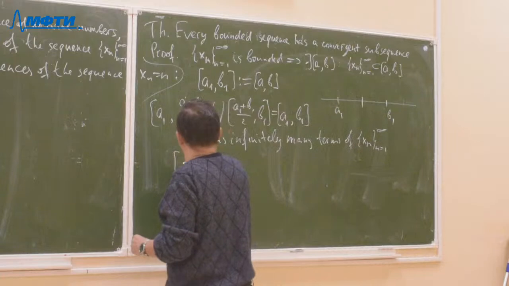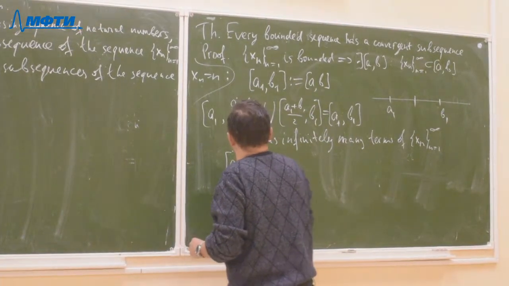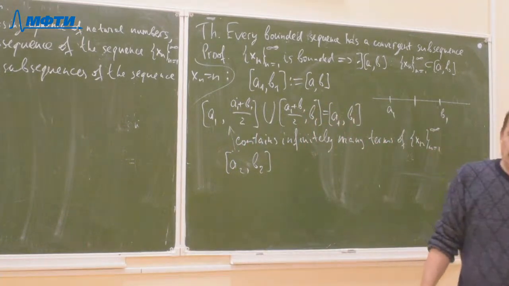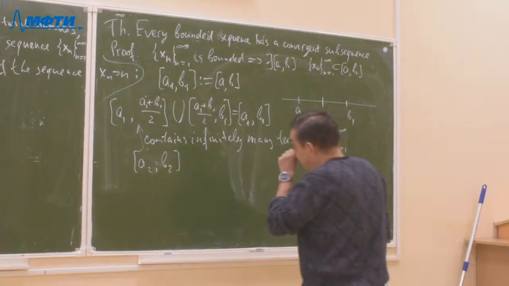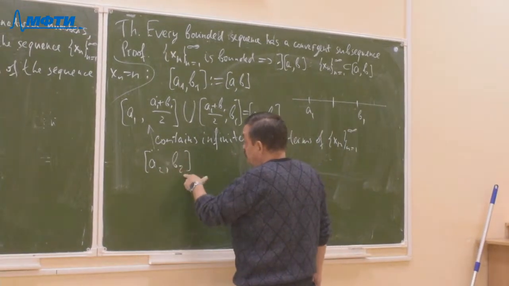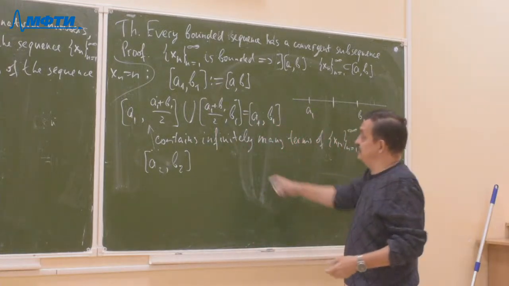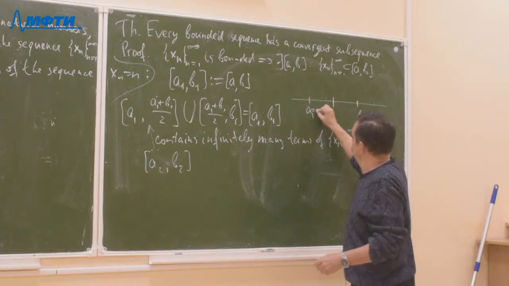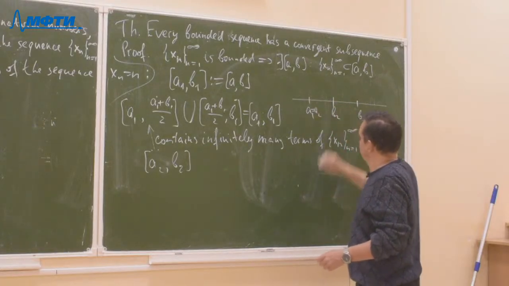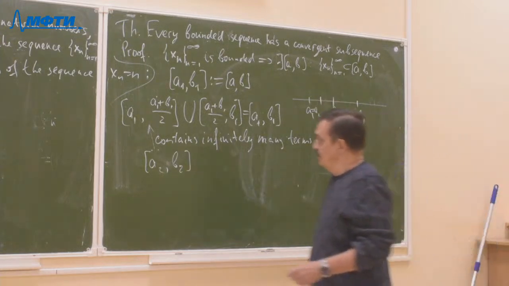Let it be A2, B2. So we denote by A2, B2 such a half of the interval which contains infinitely many terms. Okay, so that is A2, B2. Then again we divide by two parts and continue.